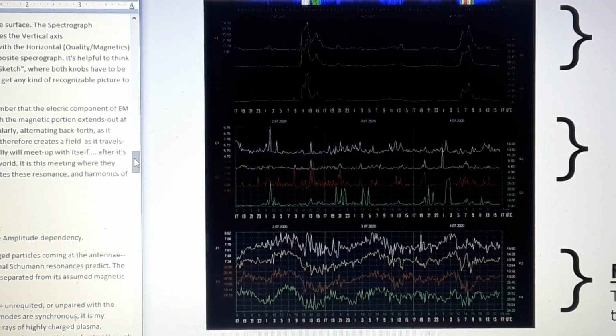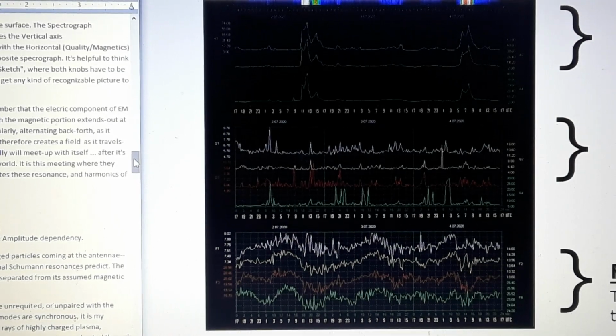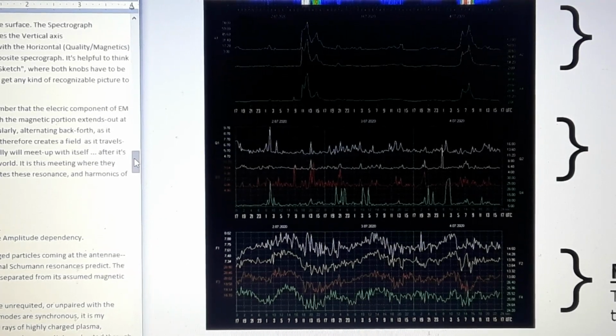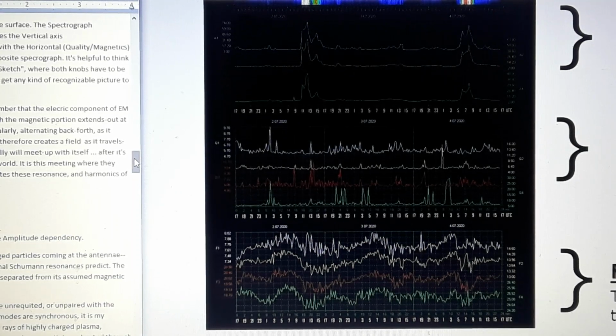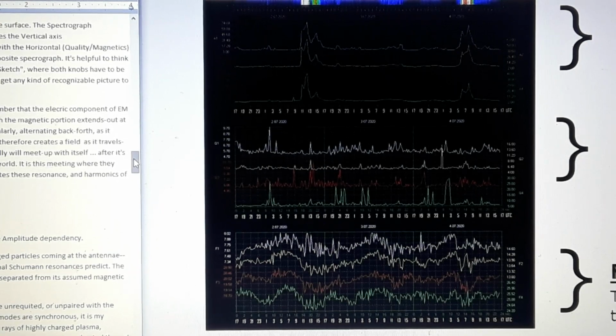So it reveals a line, and that line can move in all kinds of different shapes depending on the horizontal and the vertical. If you're really talented, you can even make a circle, which blew me away. People have done some pretty amazing artwork on Etch-a-Sketch. Both knobs have to be precisely controlled to get any kind of recognizable pattern or picture.